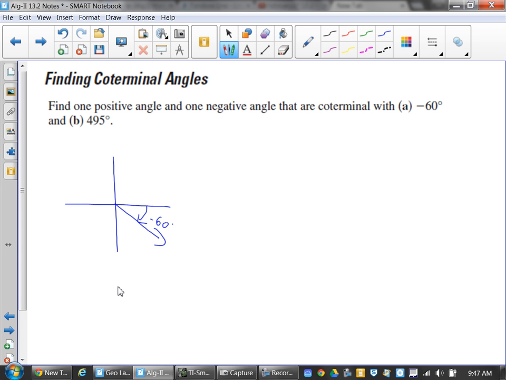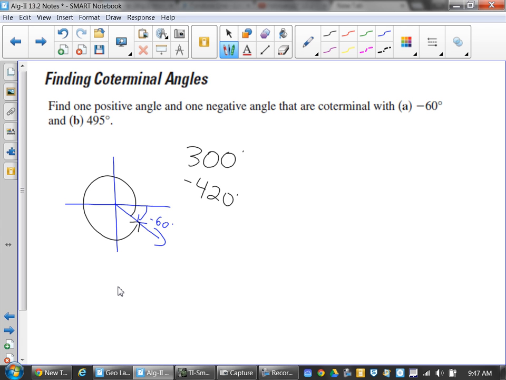Add 360. So if I add 360 to this, where am I now? 300 degrees. Coming back around, I'm at my 300 degrees. There's my positive. Now, how do I get another negative? Subtract 360. What do you get? Negative 420 degrees.